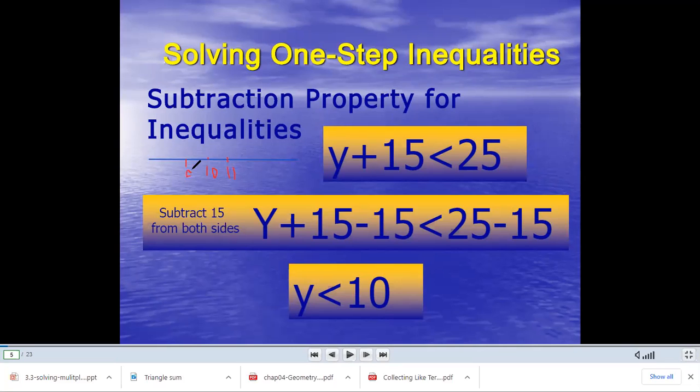Here, is the variable less than or greater than 10? It's less than. y less than 10, so we move to the left side. Then any value less than 10 is a solution for this inequality.